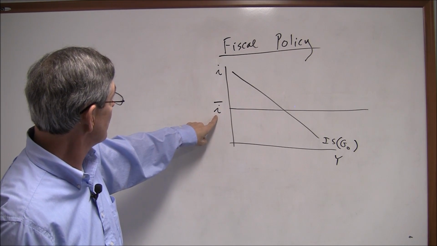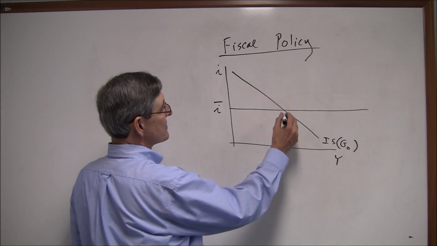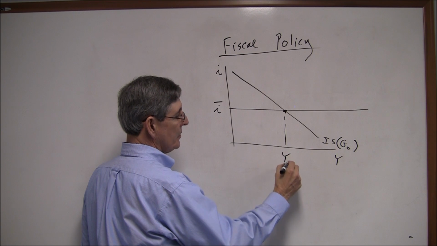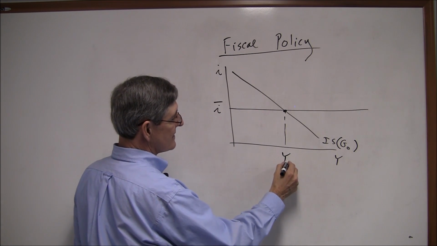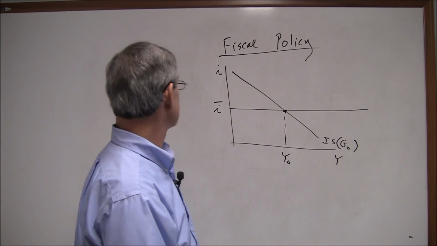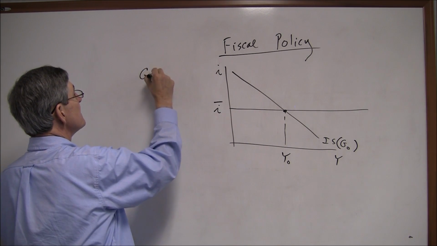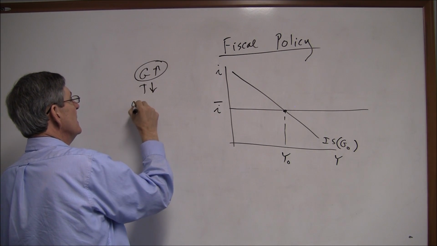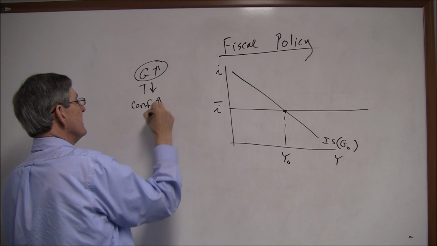So I bar is the Fed's interest rate target. At that target, we would get an output level of Y, call it Y0. Now let's suppose there's an increase in government spending, taxes go down. This is the example I'll use. Confidence goes up, and so on.